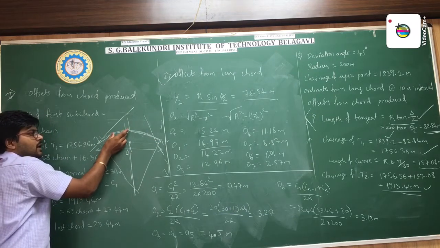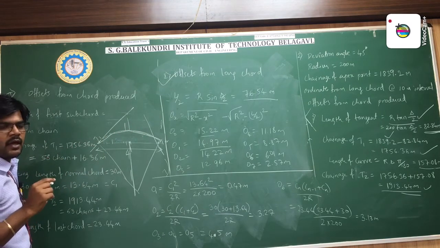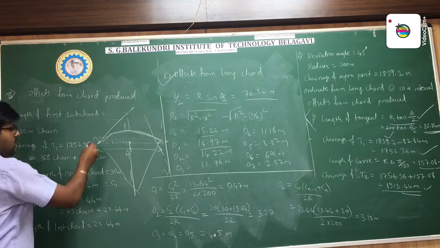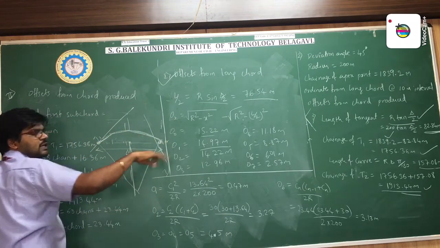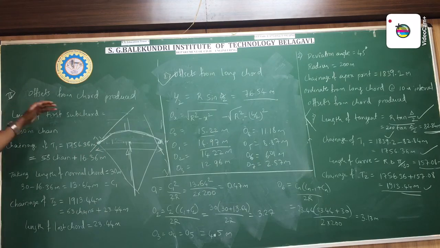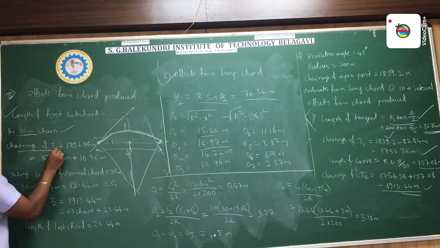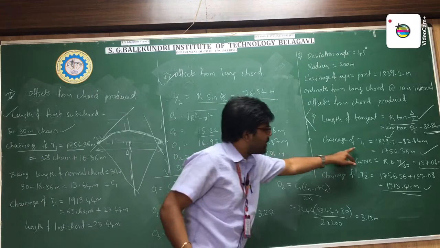Here normal chords have the same length, whereas the first chord and last chord have different lengths. With respect to chainage of T1 and chainage of T2, the initial chord, normal chords and last chord can be calculated. Length of first chord: if I am using a 30 meter chain, the chainage of T1 is 1756.36 meter, which is calculated here.